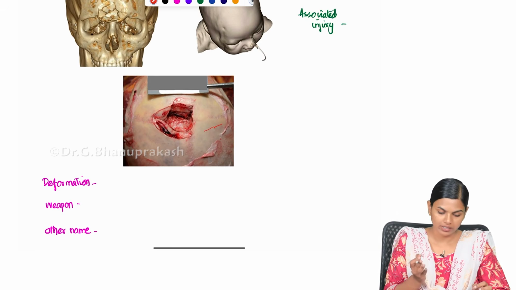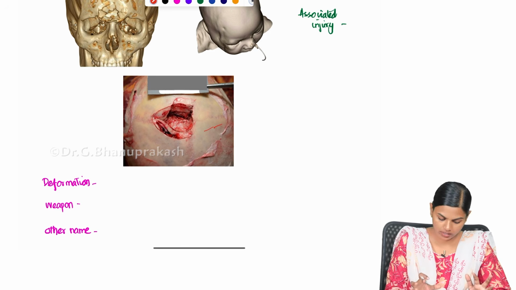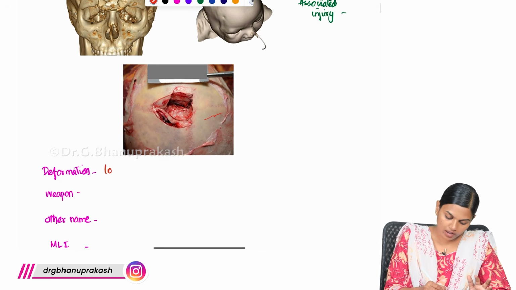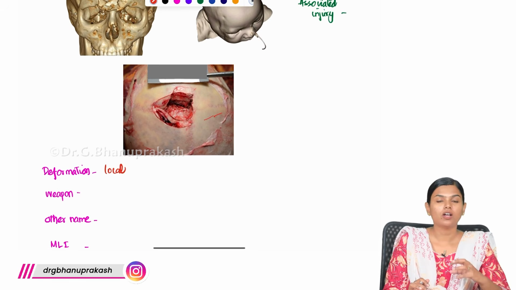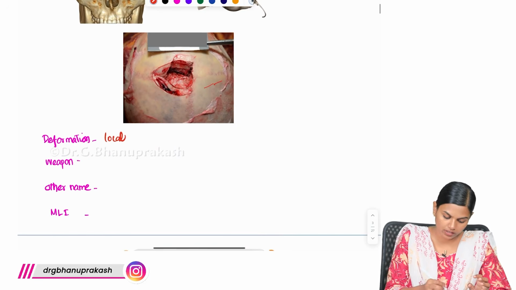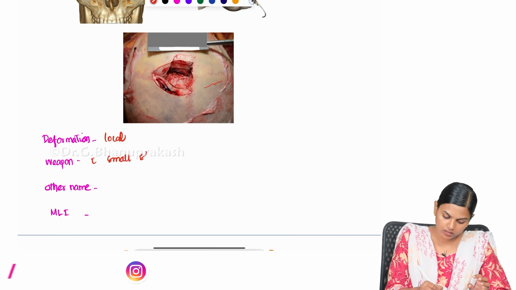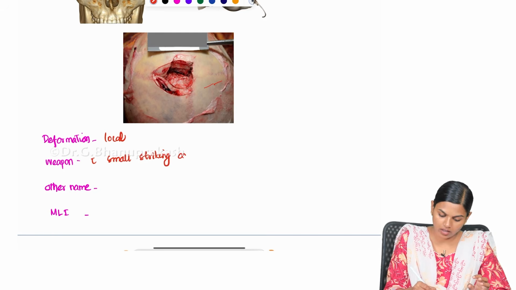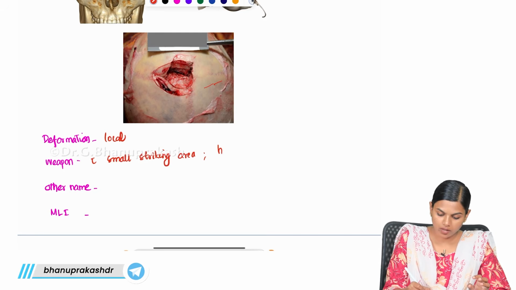This is local deformity, right? So this is a very local deformity, and usually the weapon that could have caused it would be a weapon with a small striking area, mostly something like a hammer.